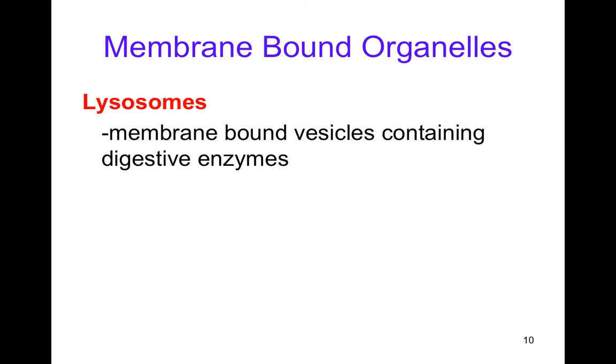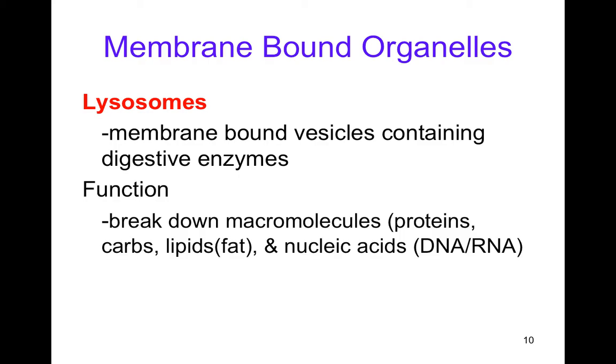So they'll take a protein, break it down into a bunch of different pieces, which will then be reused to make a new protein. So again, they break down molecules. I think of it best as the recycling center of the cell. We send things there to be broken down and reused again.